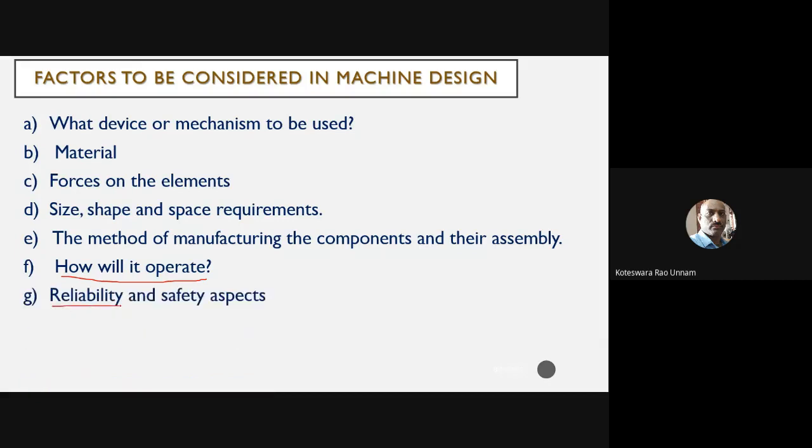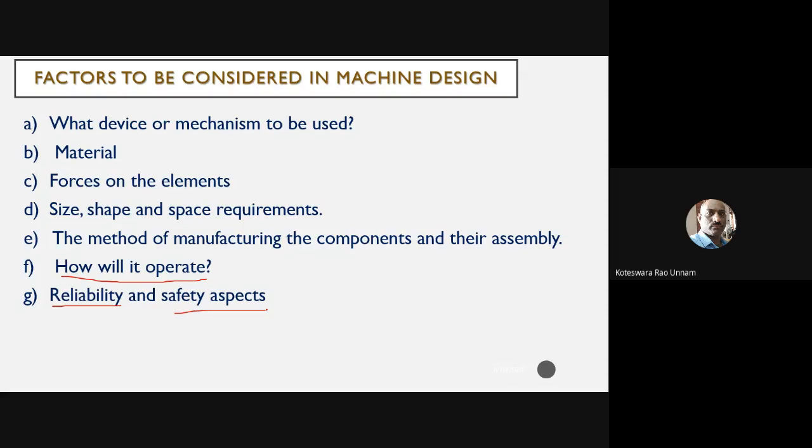Next comes reliability and safety aspects. Reliability: you are designing a machine component, so what is the reliability of that component? It means out of 10 instances, how many instances it is going to work as per the specifications. That is what we call reliability.